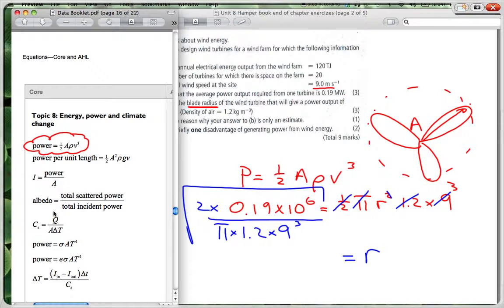I'm going to close brackets again, and you get a final answer that the radius is equal to 11.758, which approximates to about 12 meters.